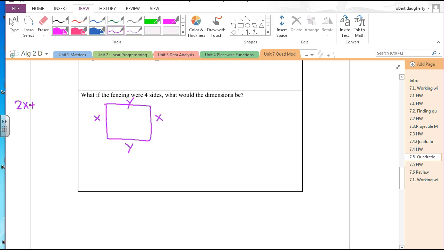In this case, 2x plus 2y equal 35. So if I solve this for y, 2y is equal to 35 minus 2x. Y is equal to 35 minus 2x over 2.